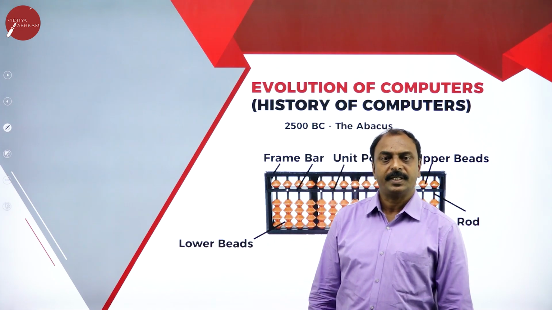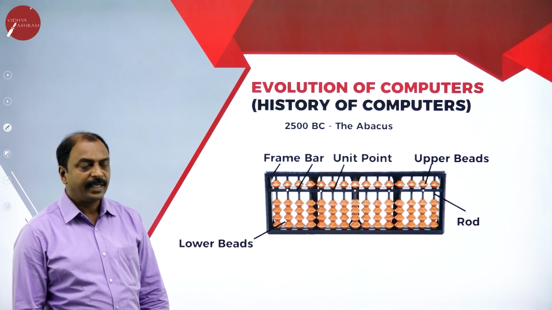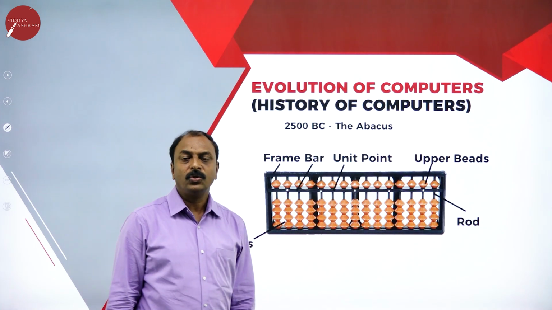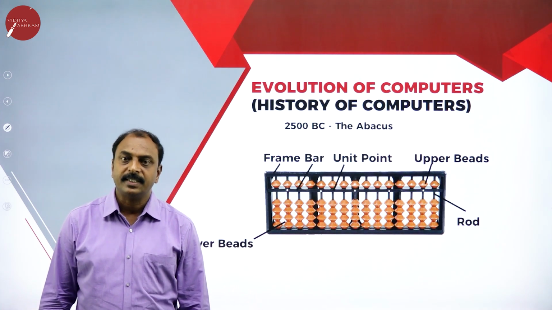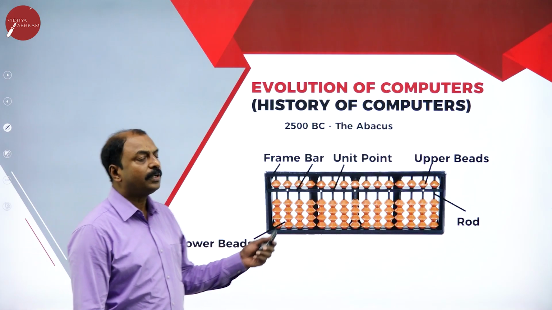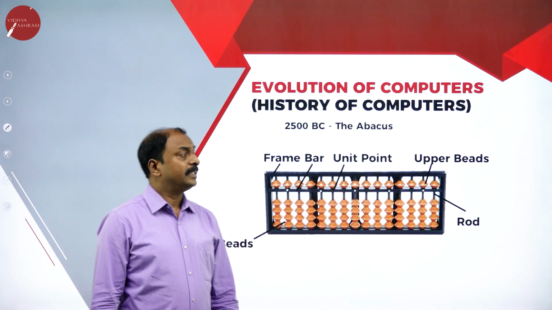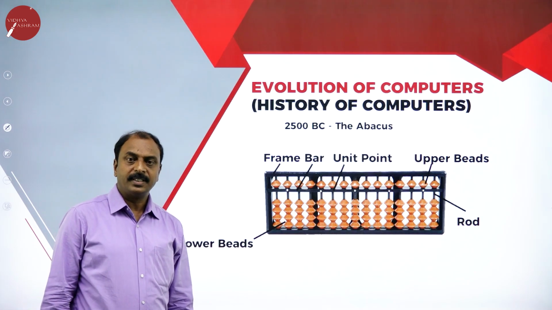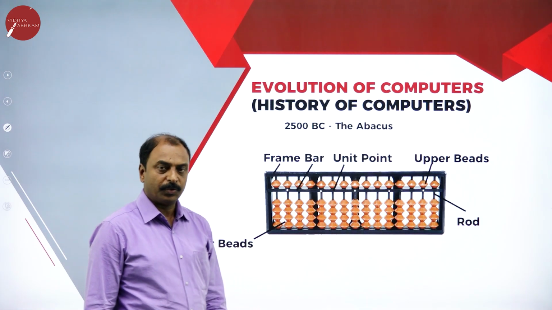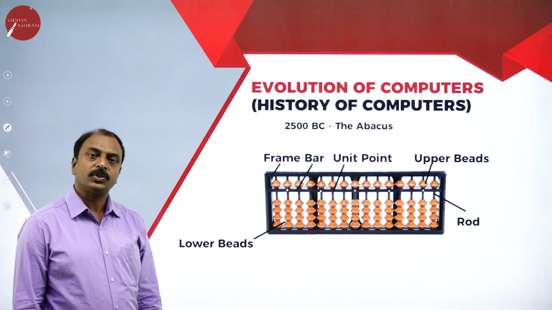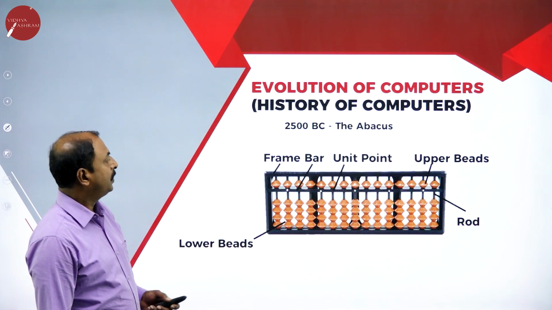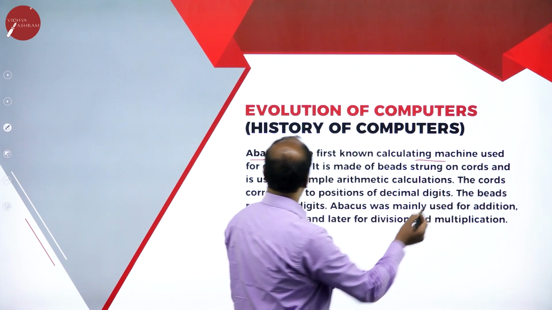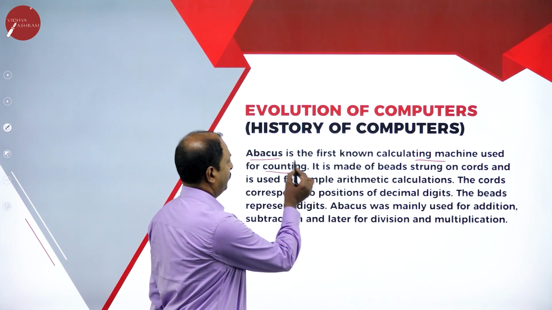In most cases, many students have joined abacus courses. You use the abacus for calculation. The abacus is the first counting device developed by the Babylonians for the purpose of counting. It is the first calculating machine.